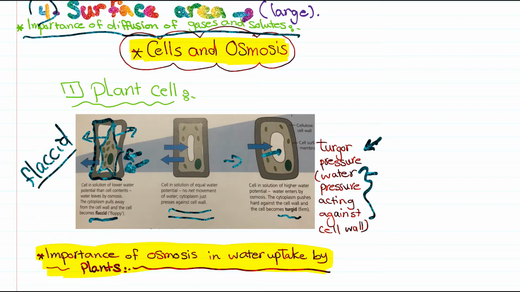But you have to know that there is no bursting in the case of a plant cell. Why? Because we have the strong layer which is called the cell wall, which is made up of cellulose.